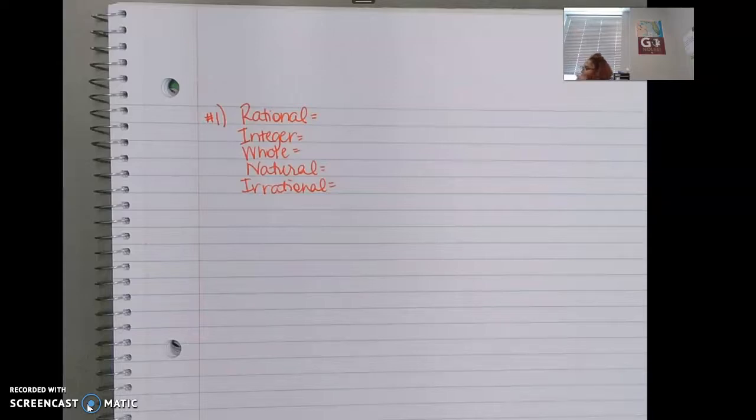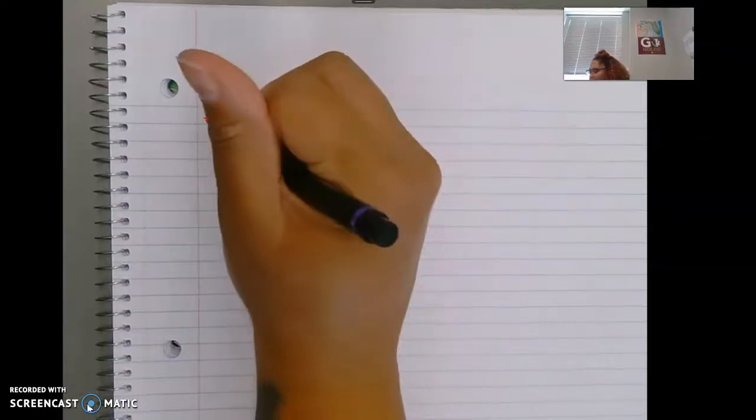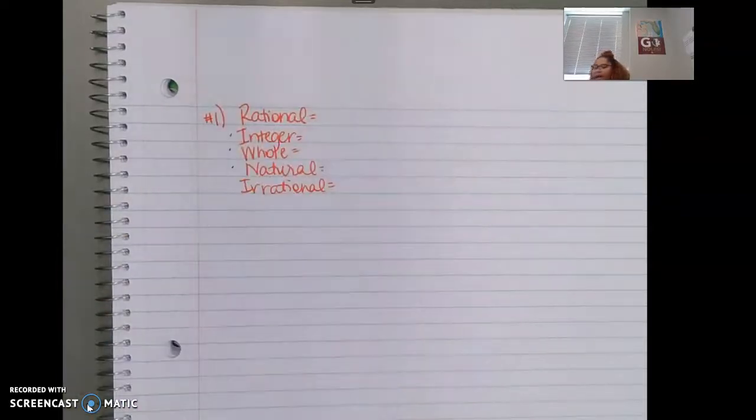So rational number, it's just like a number that can kind of like withhold any other number. That's whole, integer, natural. Okay, so it encompasses these groups below it. All right, how do I define it? Who has their notes out and open? Yes.